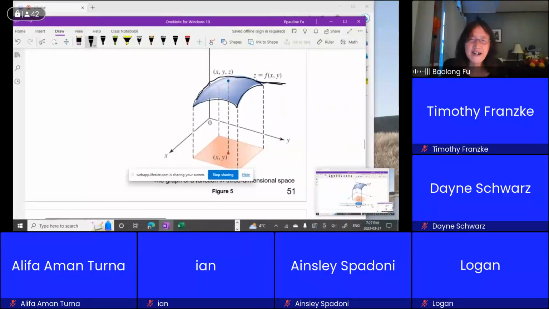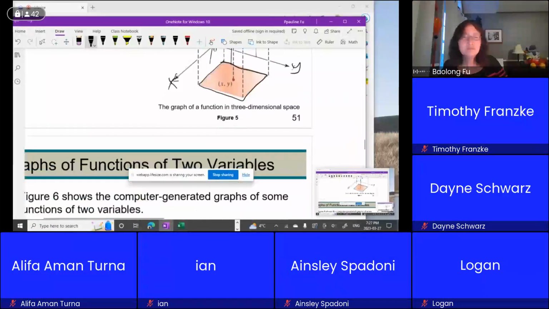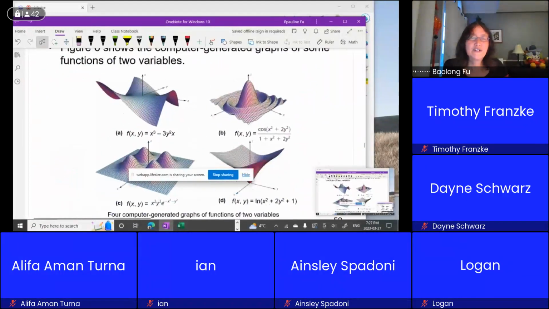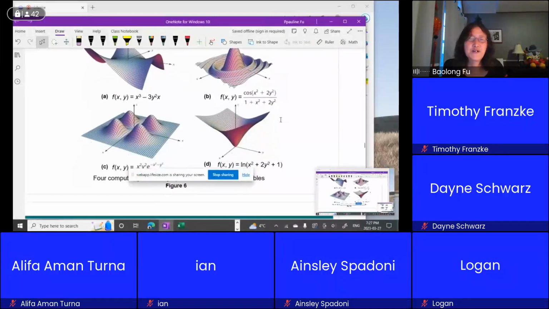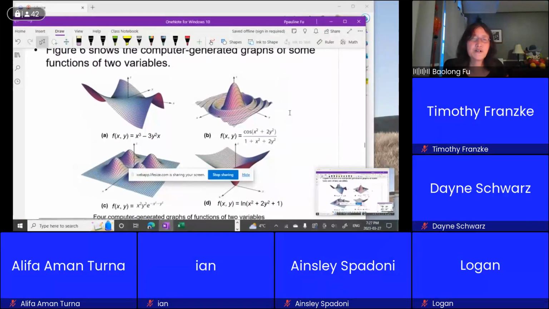If you project this curve into just the xy plane, you get this. And those are very beautiful dynamic curves generated by computer using two variables.